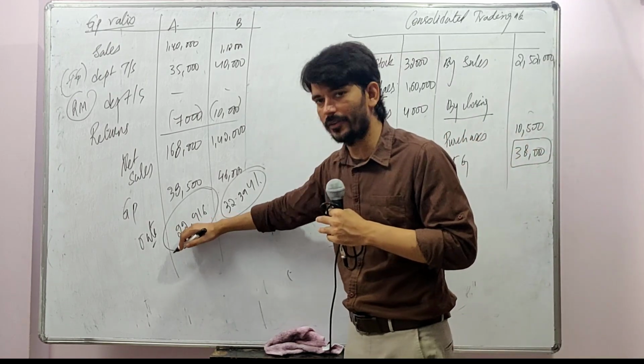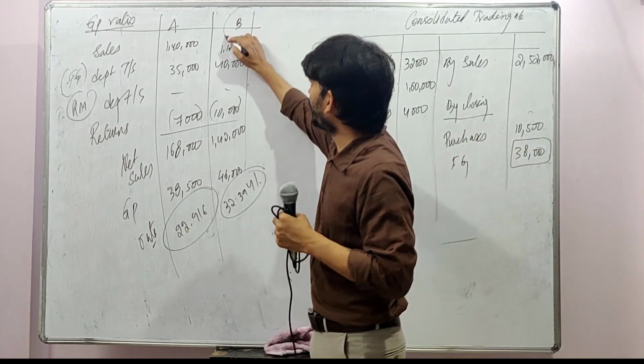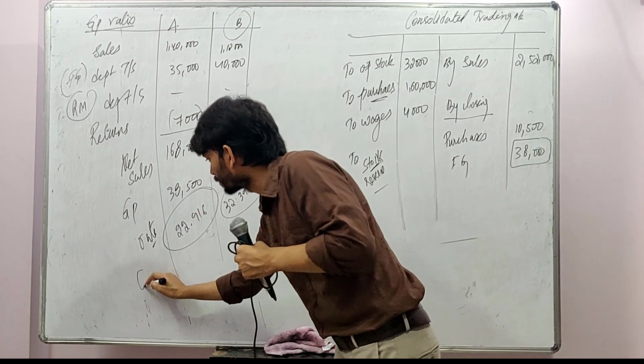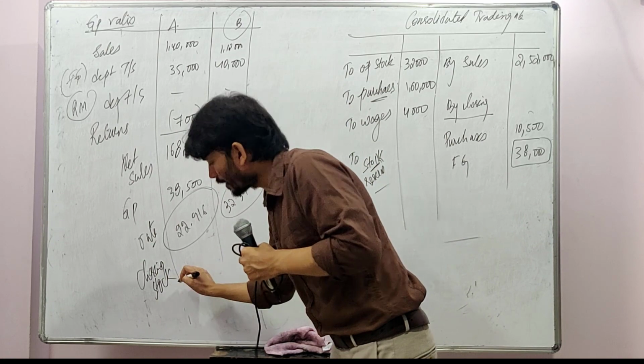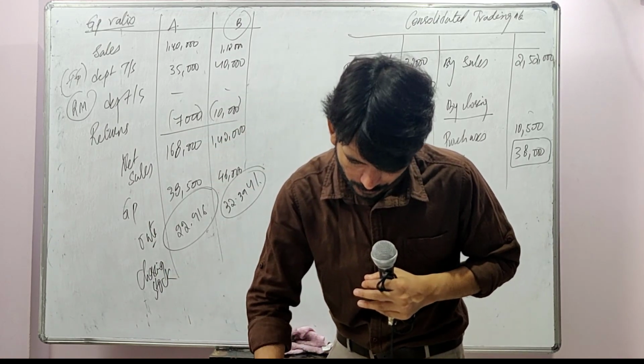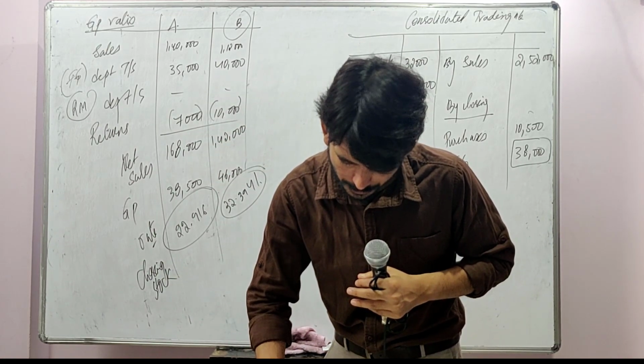This rate we are getting because in B's books there is a closing stock. What is a closing stock? You see the question. What is the closing stock in B's books?